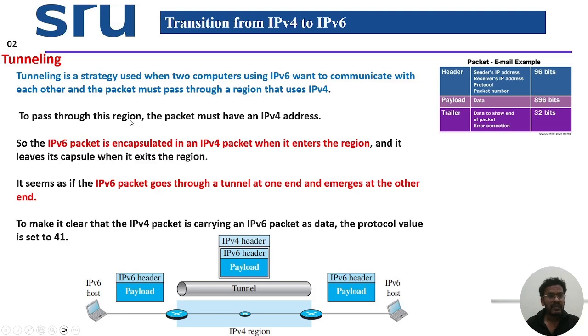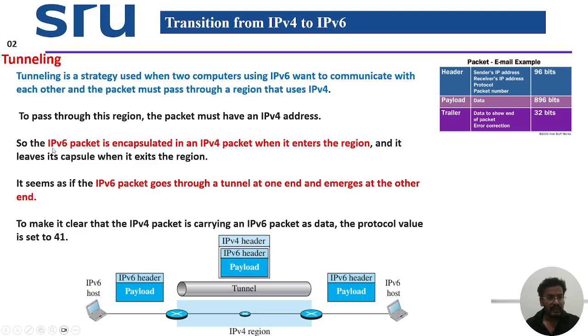To pass through this region, the packet must have IPv4 addresses. So for the data to pass through this tunnel, it must have IPv4 addresses, from sender to receiver side.